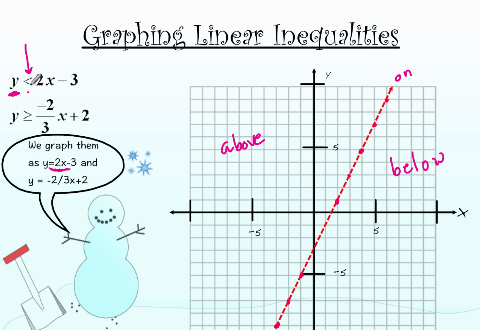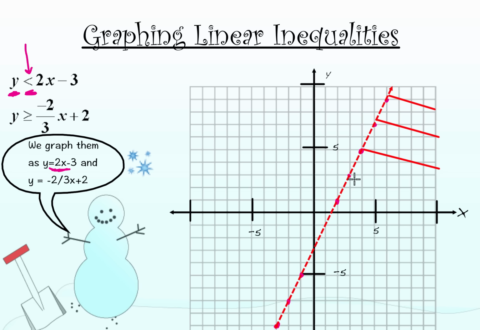Less than. You see over here how I wrote above, on, and below? Well, where do you think less than is going to be? Right here, on the below side. So now we do what's called shading. Come over here and we shade.